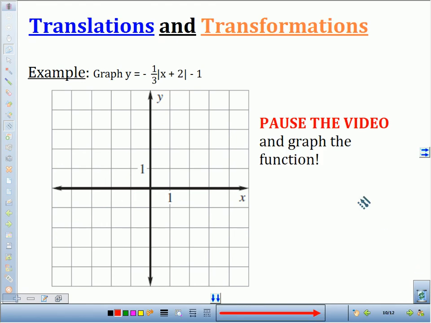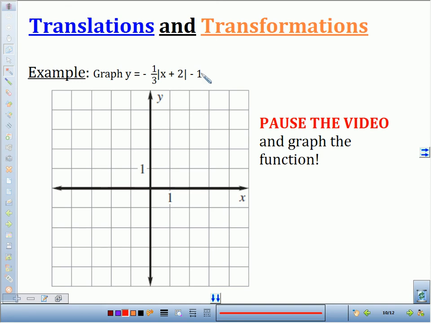All right, we want to do an example where we're combining all of these things together. Now, when we're going to attempt this on our own, pause the video and graph the function. Keep in mind this is negative 1/3, so a would be negative 1/3, but we also have the translations. We have an h and we have a k. H, we have to change the sign.